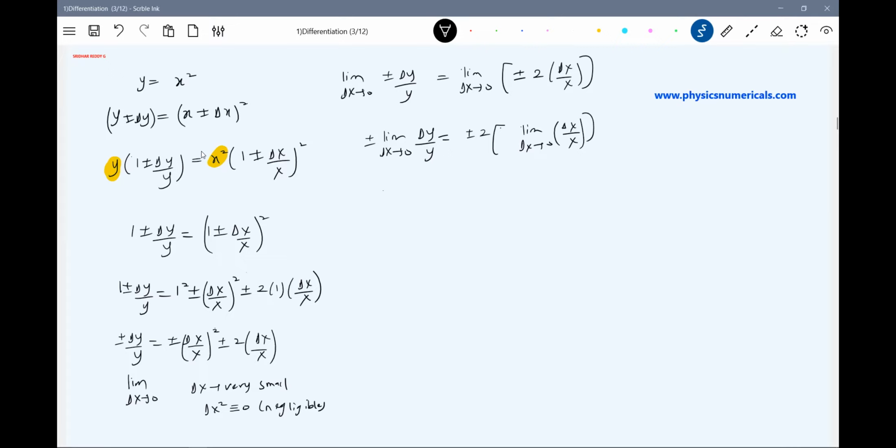Now this will become delta y by delta x. Let me write it in. This will become plus or minus 2 times 1 by x, y by x, I will write it. Here also if you want to write limit, it doesn't need it. Sir, what happened? This limit, you mean to say it tends to 0 here, or else very small, no? Okay, we'll just keep it here.